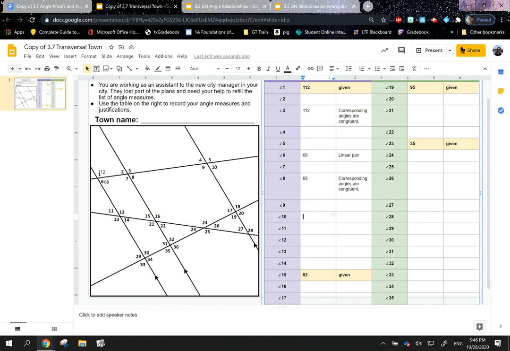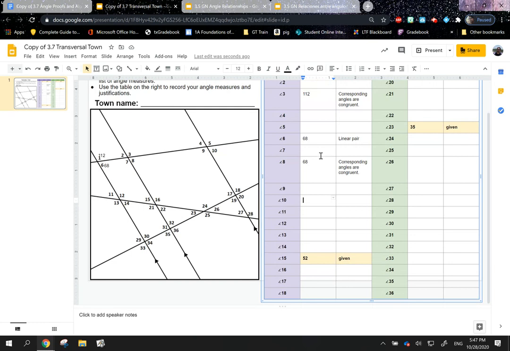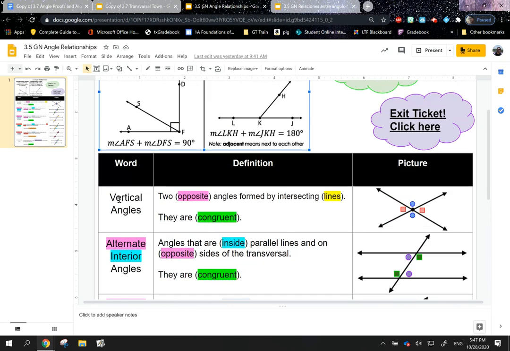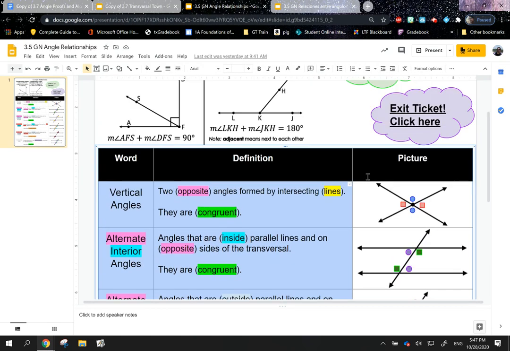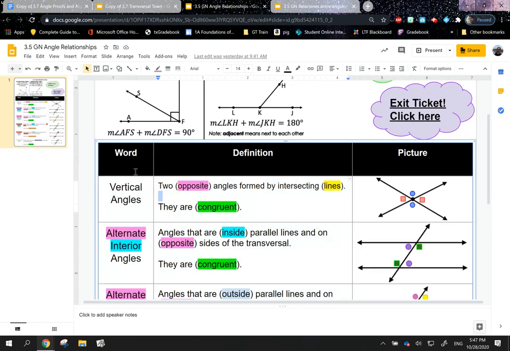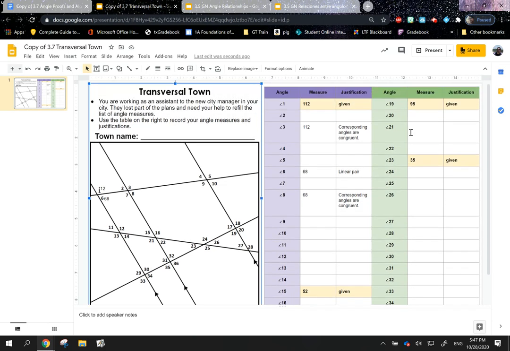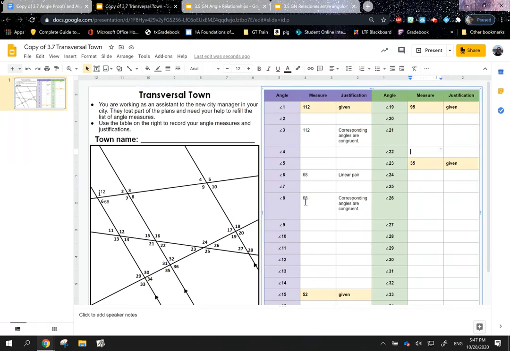And when you get down here, you're also going to have another angle that's going to help you start off. For example, here, angle 15 is 52, and knowing that, 22 I know would be congruent because they are vertical angles. So knowing that 15 and 22 are congruent because of vertical angles, I know that 22 would also be 52 degrees.